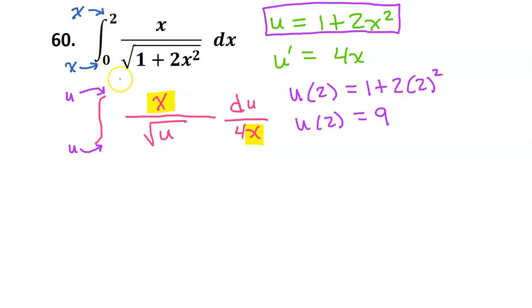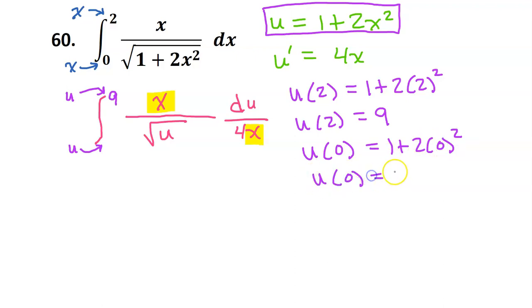So instead of 2, we should have a 9. Now let's go ahead and do u at 0 and see what that is. So u at 0 would equal 1 plus 2 times 0 squared. Well, this term will be 0, and then we just have the 1. So u at 0 is equal to 1. So instead of a 0, we should have a 1.